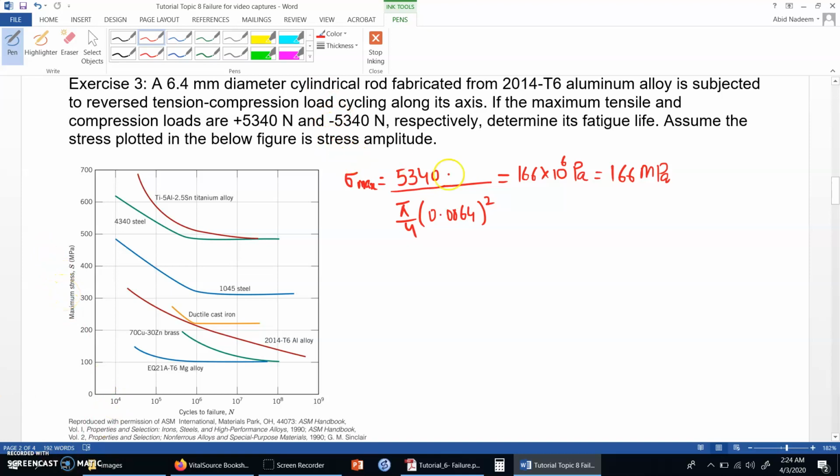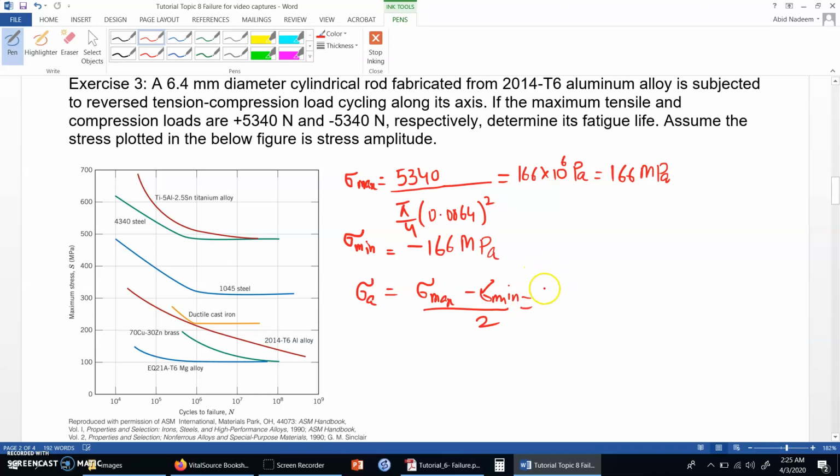The other one is sigma minimum, which will be minus 166 megapascal. And we know that the stress amplitude, sigma a, is equal to sigma max minus sigma min divided by 2.